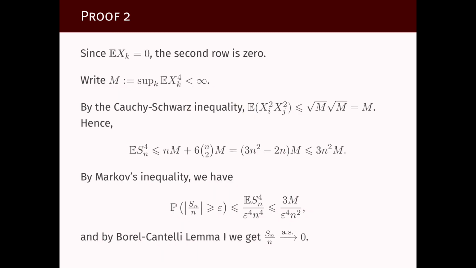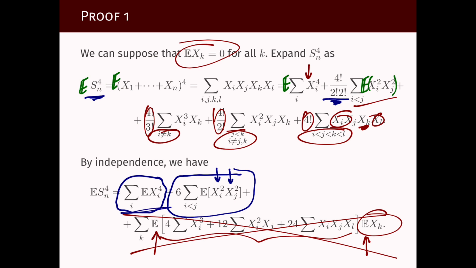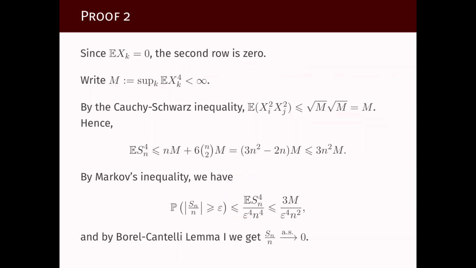So when we move forward, what we're trying to compute is this sum of n times the fourth moment, and we can bound this by n times M. And who is M? M being just the supremum of these fourth moments, which we assume to be finite. This is the assumption in Cantelli's law of large numbers.